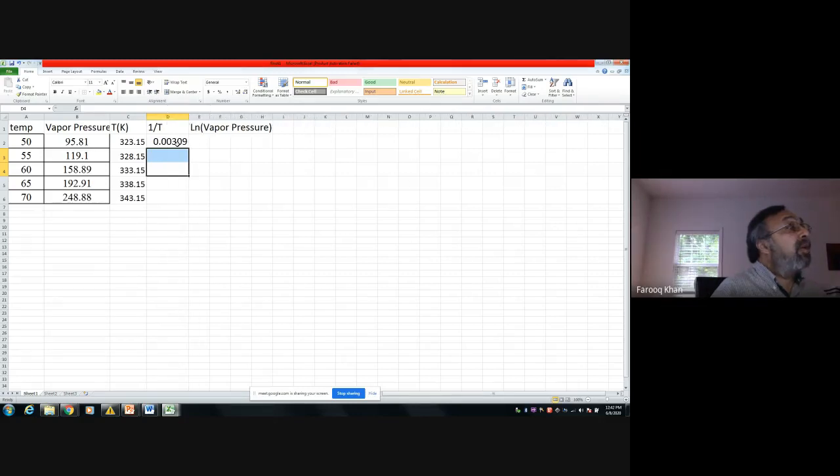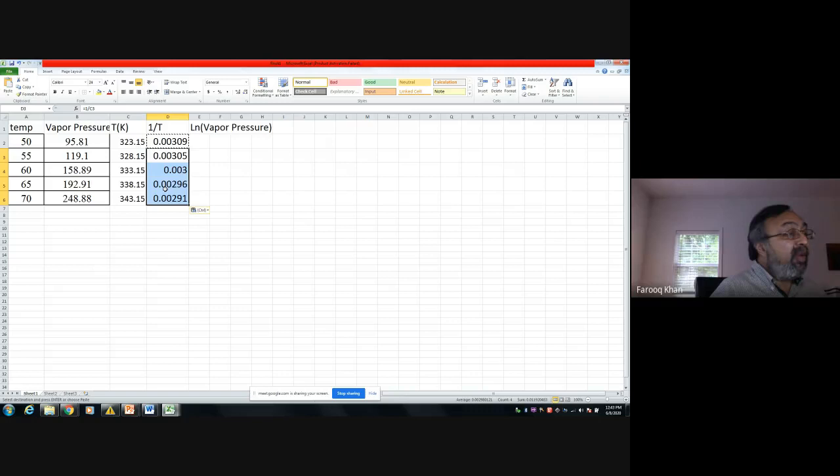We just need to increase the cell size. Okay, let's repeat this. Equals 1 divided by this cell. And so I now get my temperature inverse. Control C to copy the formula. Control V to paste it.